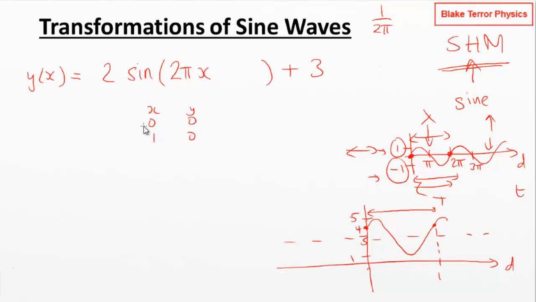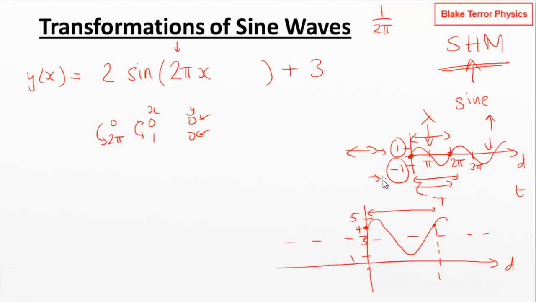Y is 0. It's back where it started. We've now created that wavelength of 1. Whereas if the 2 pi wasn't there, we would have to have 0 and 2 pi in order to get back to y is 0 and y is 0. So we've switched our wavelength from 2 pi to 1 by putting in this factor here of 2 pi. So that's dealt with our stretch in the x direction.